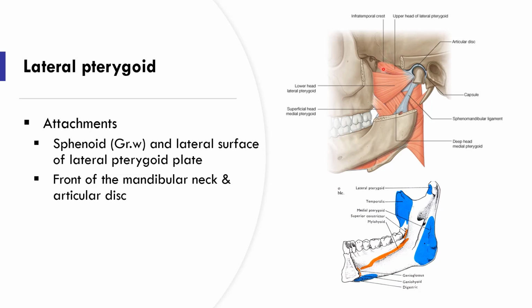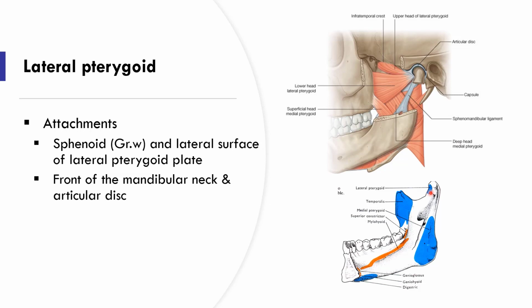The upper head is taking origin from the sphenoid, that is the greater wing of the sphenoid, and the lower head is taking origin from the lateral surface of the lateral pterygoid plate, and its insertion is on the front of the neck of the mandible, that is also known as the fovea.